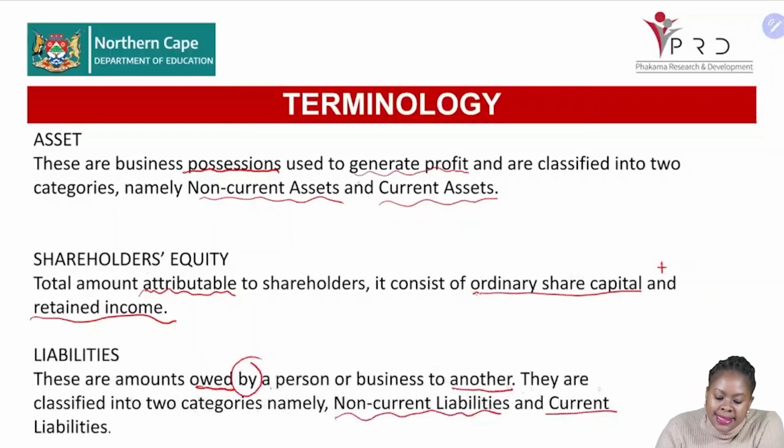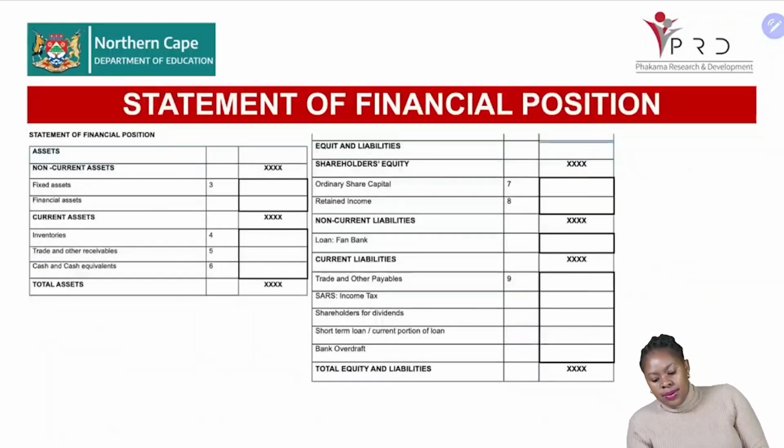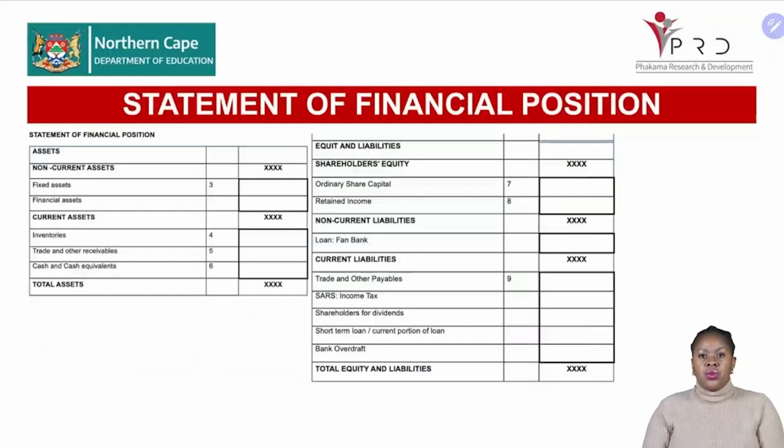All right, and these are the categories or the classifications that are required in the accounting equation, right? It's our assets equals our owner's equity added with our liabilities. So before we can start doing any calculations relative to the statement of financial position, we need to know how the format actually looks like, and we need to know the format and the operations of that particular format.